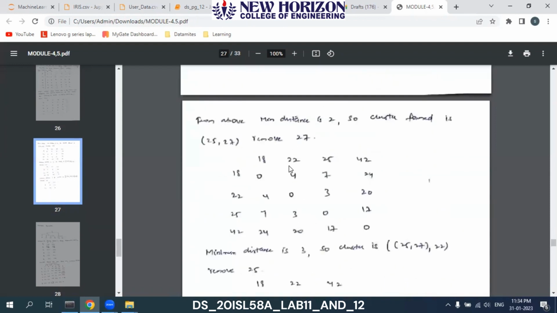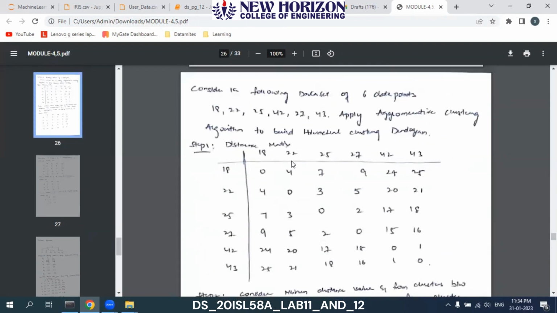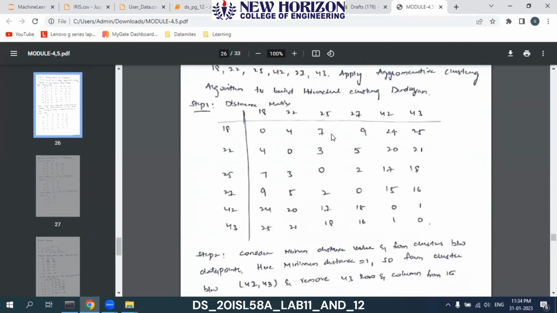So this is a simple algorithm where at every point we calculate the distance considering the minimum distance. For example, here the minimum distance is 1, for the elements 42 and 43. So 42, 43 forms one cluster. Then you can remove one row here, and check with the next least distance, 2.